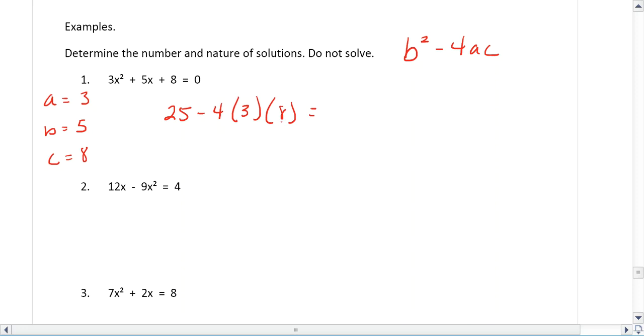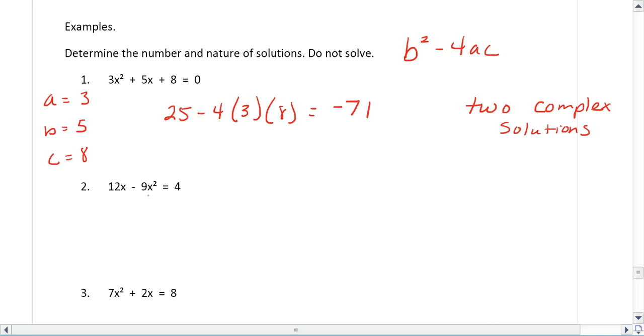And if we multiply this out, if I did this right, I got a negative 71. So that tells us we're going to have a negative under the radical. There are going to be i's in our answer. Therefore, we are going to have two answers, and they are going to be complex. There's two imaginaries is another way to say that. So two complex solutions. We didn't have to solve it. We only needed to look at the discriminant to find that out.